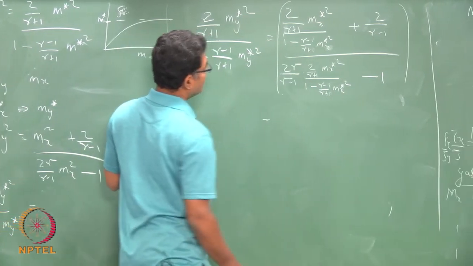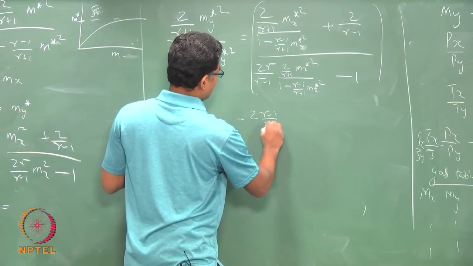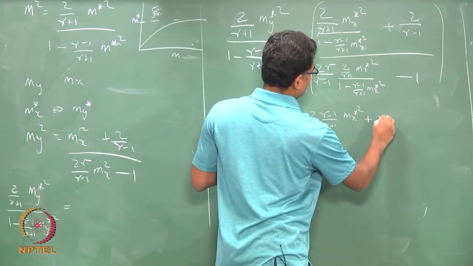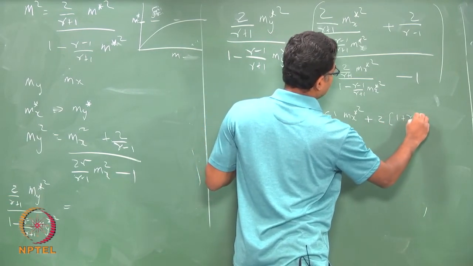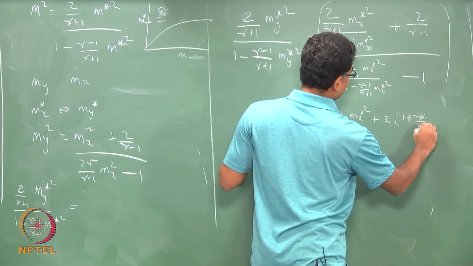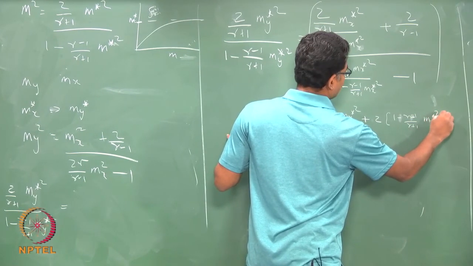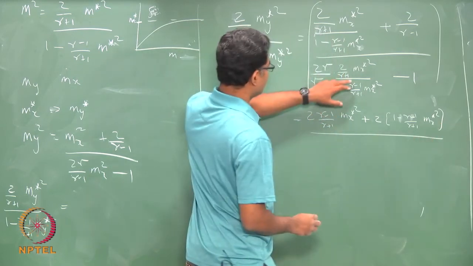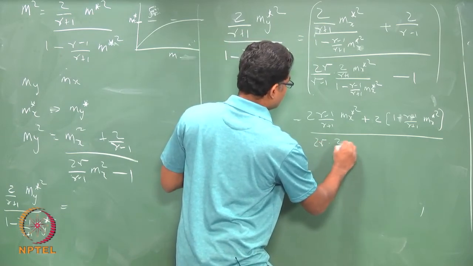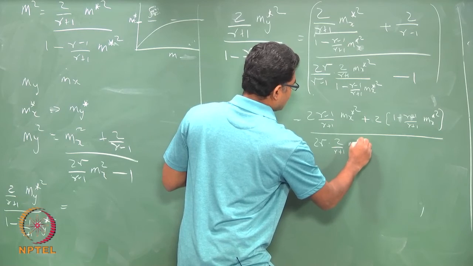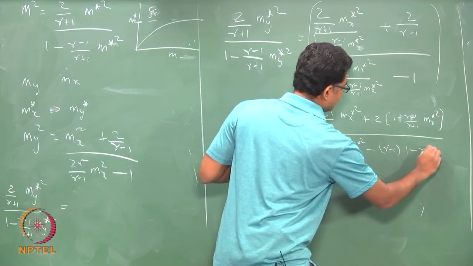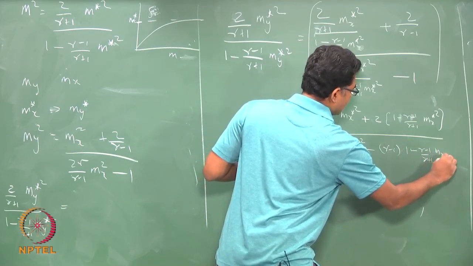I can reduce this to 2 gamma minus 1 by gamma plus 1 Mx star square plus 2 into 1 plus gamma minus 1 by gamma plus 1 Mx star square, divided by this quantity: 2 gamma into 2 by gamma plus 1 Mx star square minus gamma minus 1 into 1 minus gamma minus 1 by gamma plus 1 Mx star square.